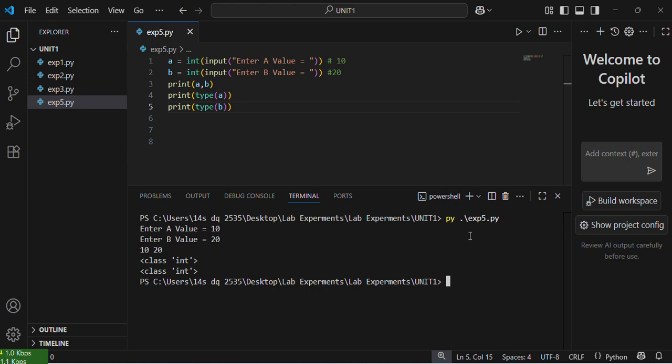But what is our problem statement? Addition and multiplication of complex numbers.